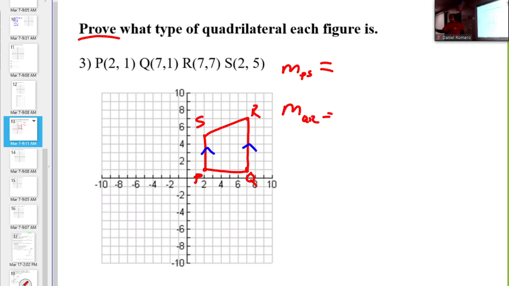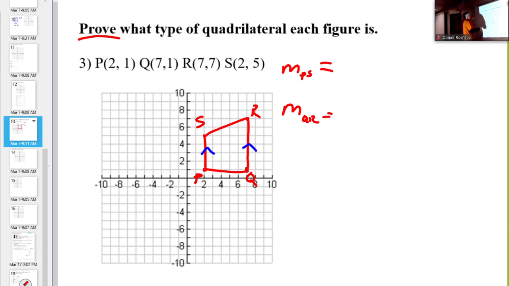Do you guys remember what the slope of a vertical line should be, from algebra 1? What should the slope of any vertical line be? Undefined. Which means that when you do slope formula, you should get a 0 on the bottom. 0 on the top is 0, 0 on the bottom is undefined.